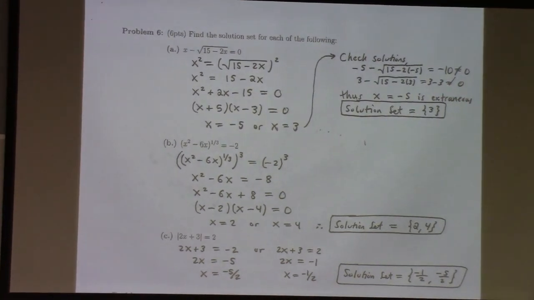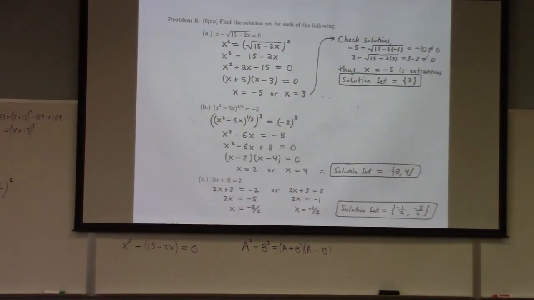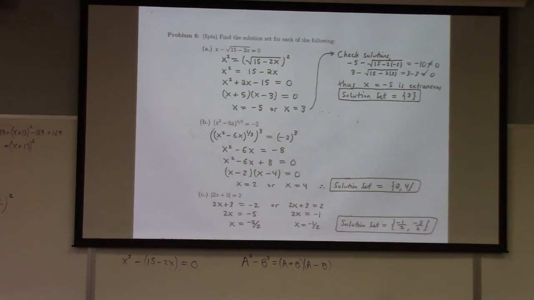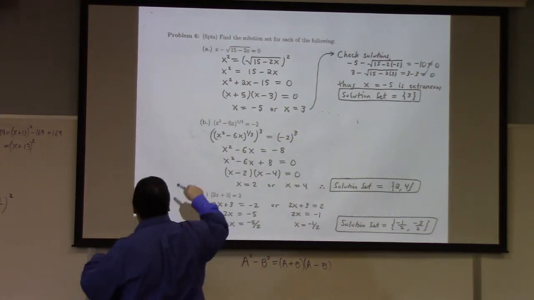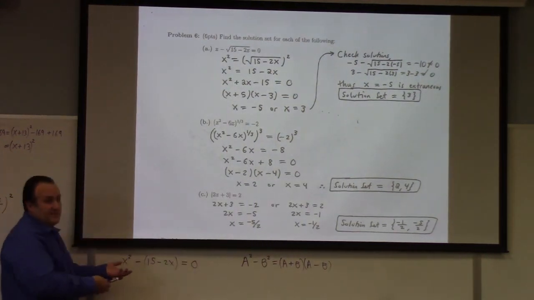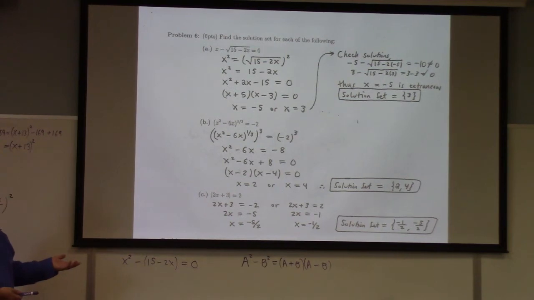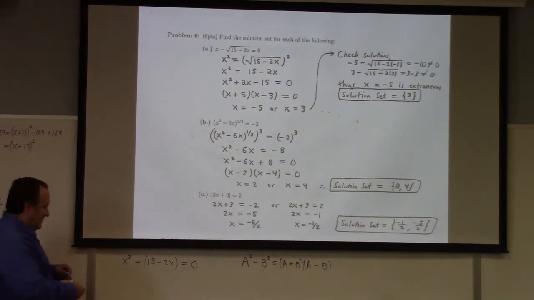Why can't I just say, well, okay, so x squared minus the square root of 15 minus 2x squared is 15 minus 2x, right? Well, it does have parentheses, but yeah, some of you might have even dropped that. But there's a bigger problem here.